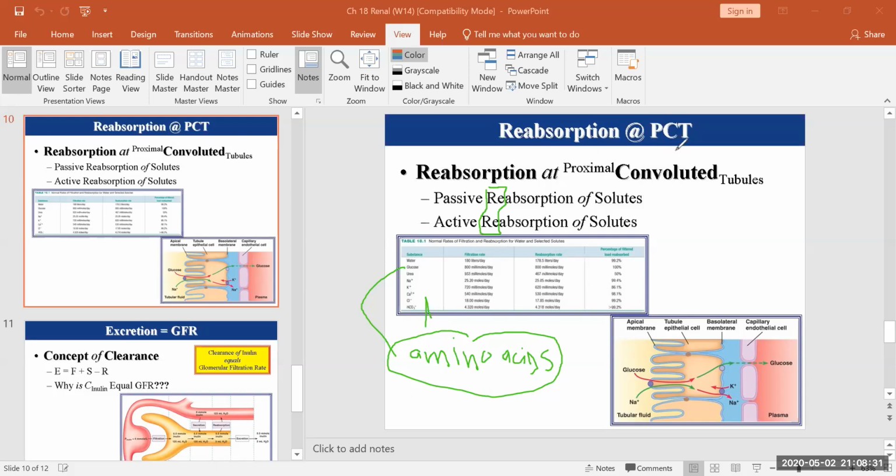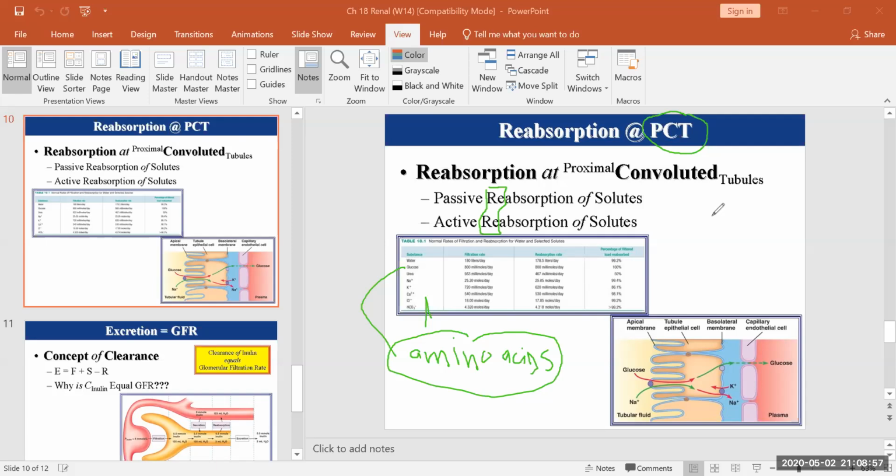That's the main job of the PCT, to reclaim the desired chemicals, our nutrients, our water, our electrolytes. 60% of the filtered water at the glomeruli, across the glomerular membrane, will be reclaimed by the PCT.